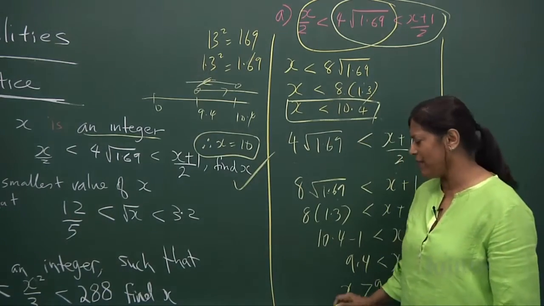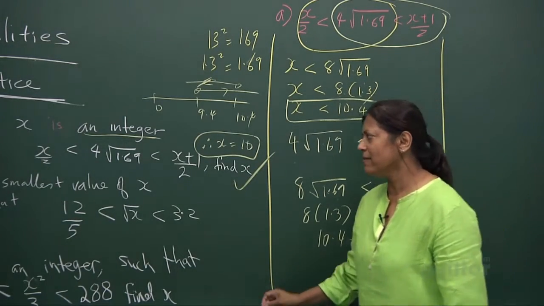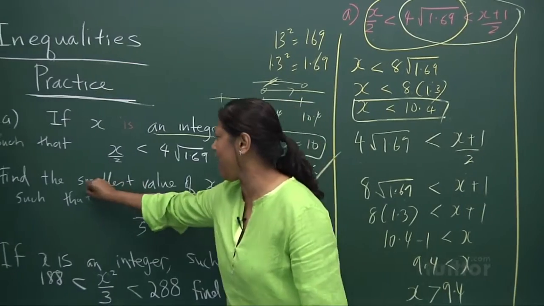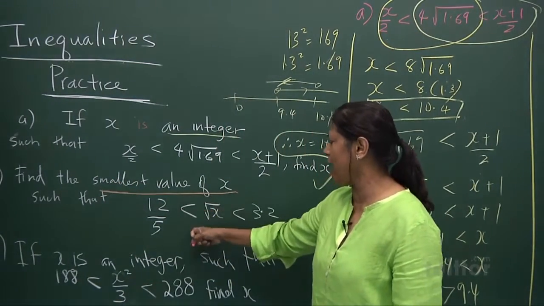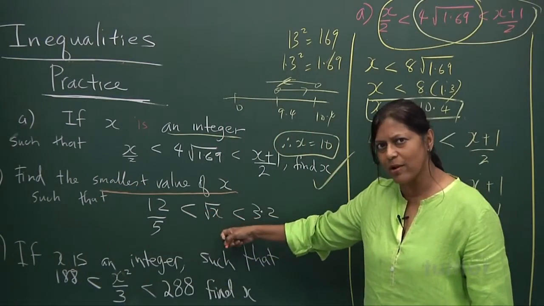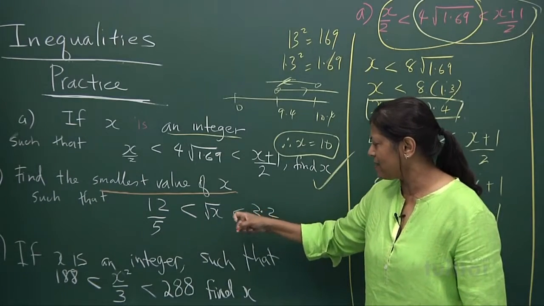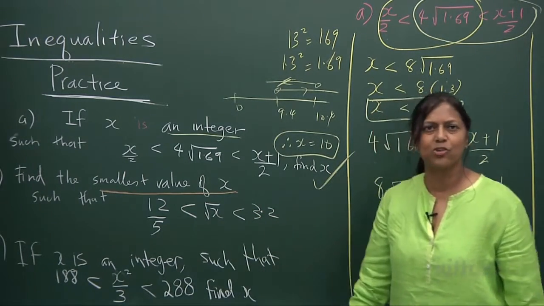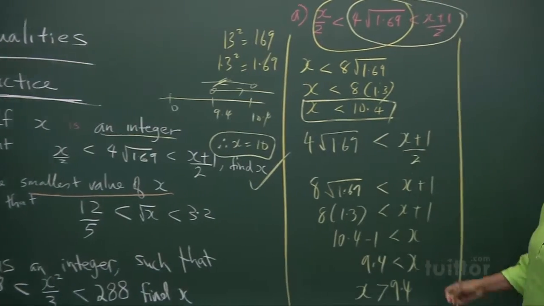Now, next part of it, my dear. Find the smallest value of x such that 12 over 5 is smaller than square root x, and square root x is smaller than 3.2. Look at that.